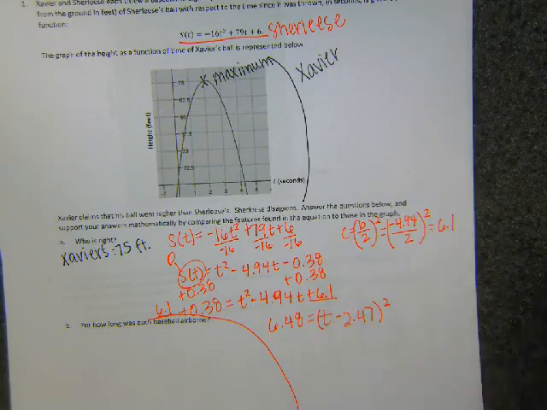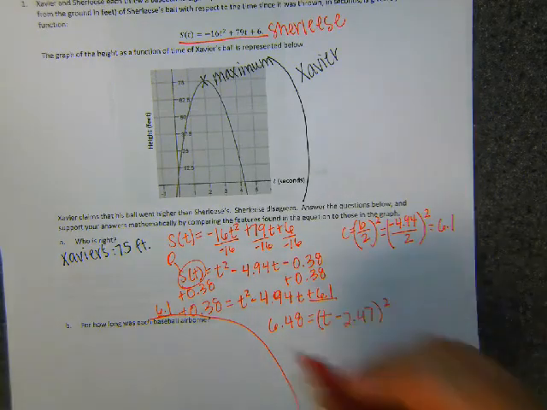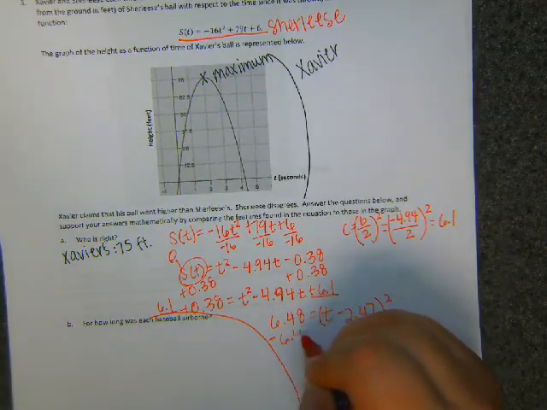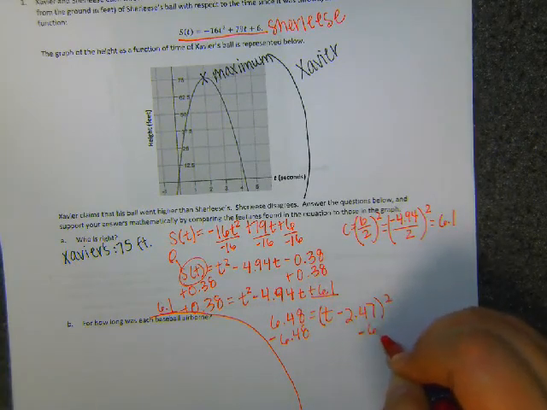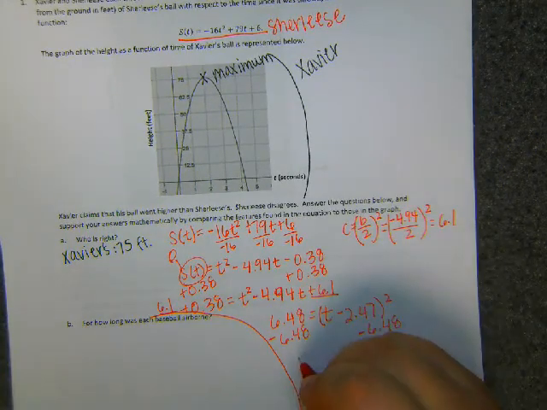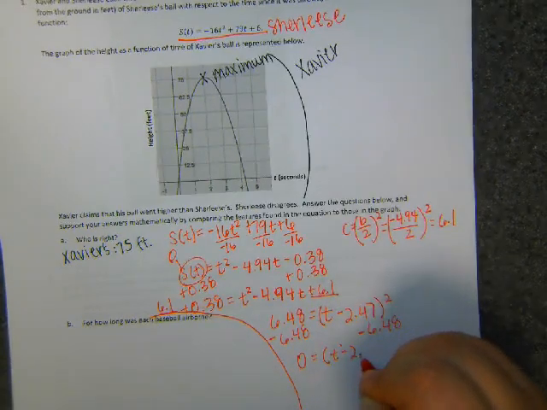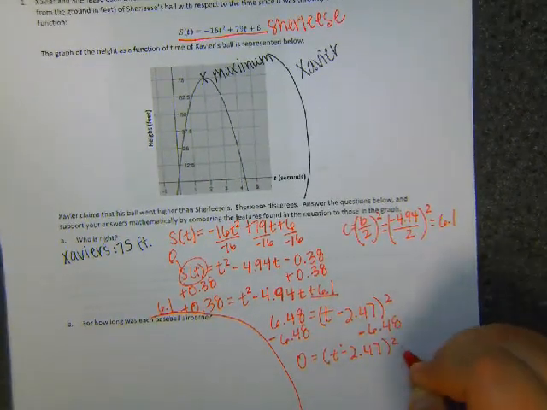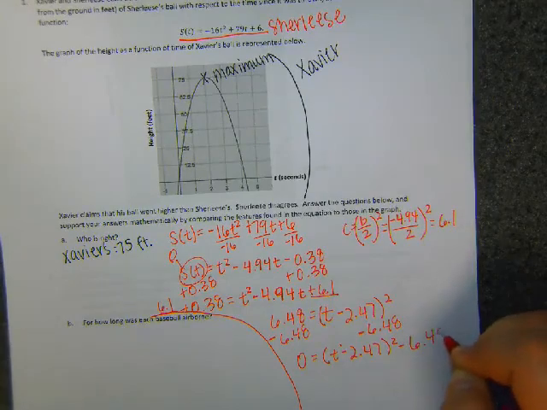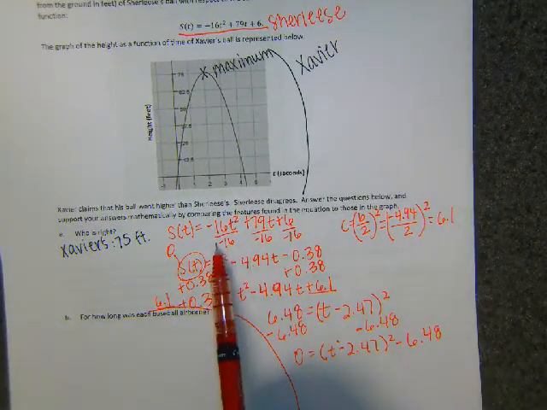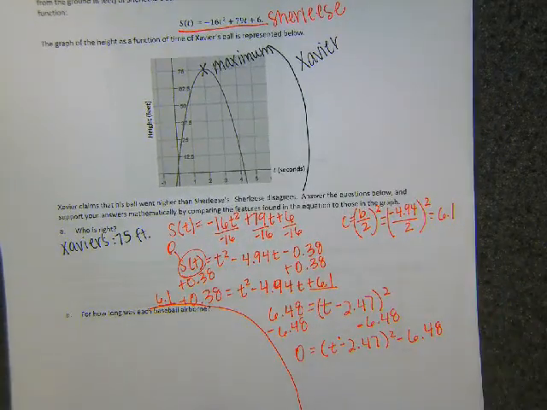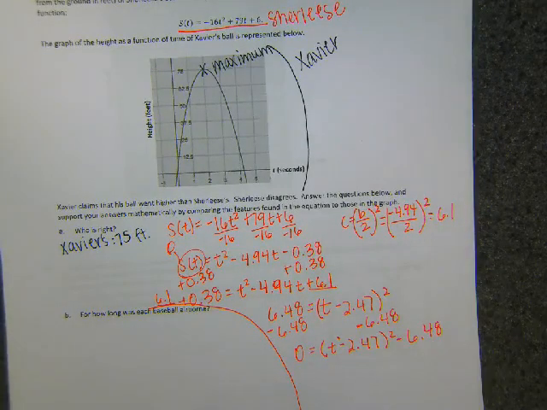We don't want to solve for t, so we're going to move this 6.48 back to the other side. So we get 0 equals t minus 2.47 squared minus 6.48. Since we divided everything by negative 16 at the very beginning, we're going to multiply that negative 16 back in.